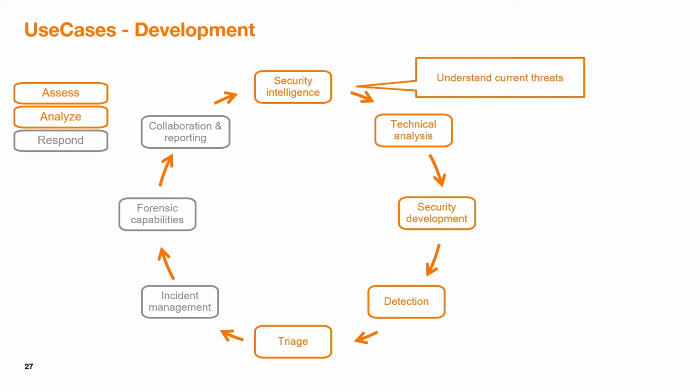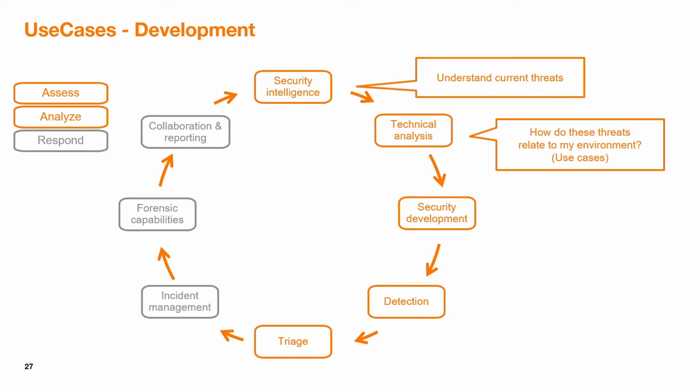So the current threats are mostly the starting point for a use case to develop. Then analyze: do those threats, those risks relate to my environment, and how to identify the indicators. In some cases, it's just a single indicator. In others, there are a bunch of them.